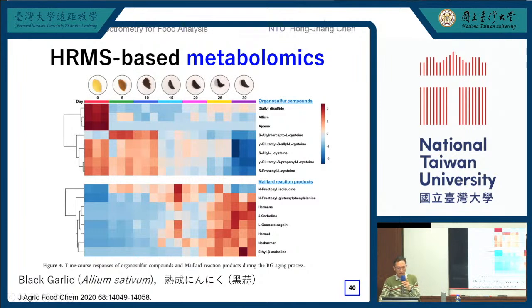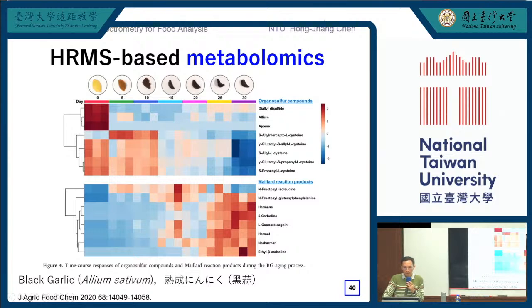In this experiment, we use 0 days to 30 days, just one month of aging for garlic, and we use high resolution mass spectrometry to detect the organosulfur compounds. On the first day, the sulfur compounds are very enriched in the garlic, and that is the smelling odor.